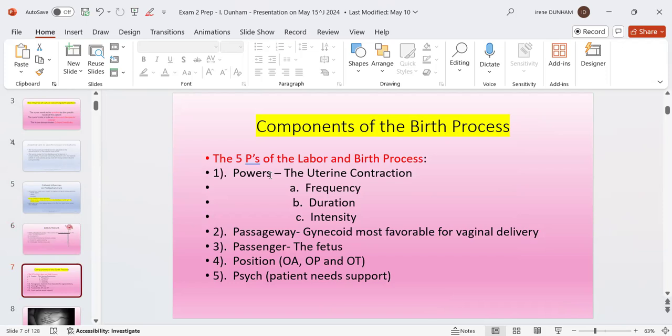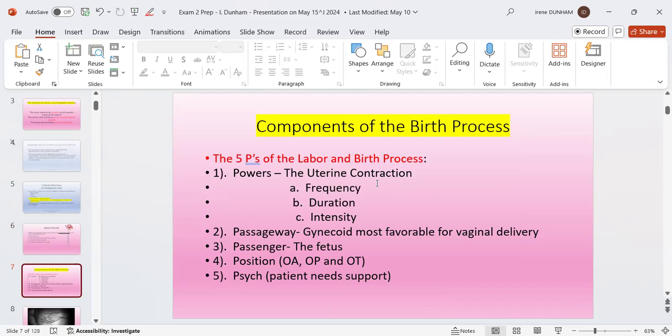You have to have those. Now, there are 3 different definitions we have with each contraction. We have frequency, which means how often your contractions are coming. Don't you ever hear, Mrs. Jones, how often are your contractions coming? Oh, they're coming every 5 to 6 minutes. That's frequency.